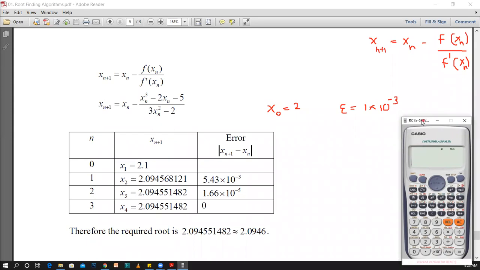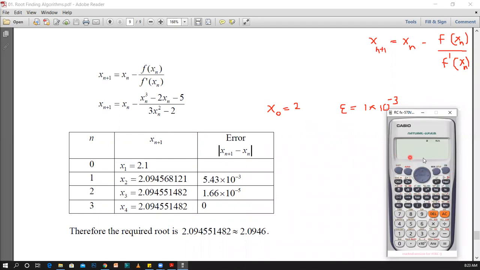Here we can use the calculator. I hope you all can see the calculator also. Then you have to give the input for this function in the calculator.